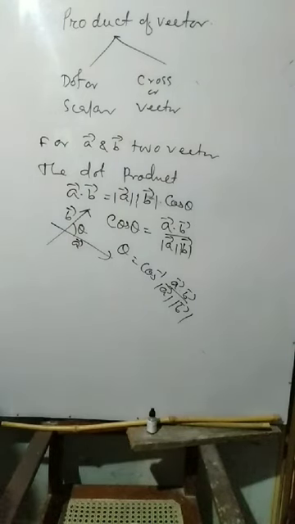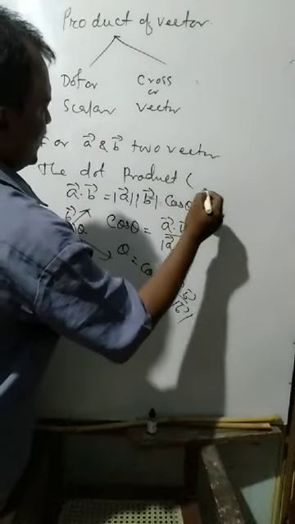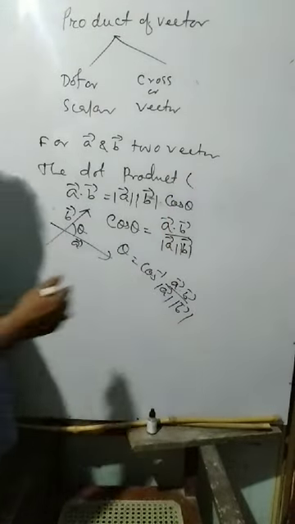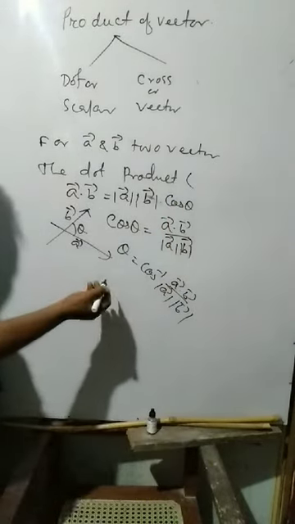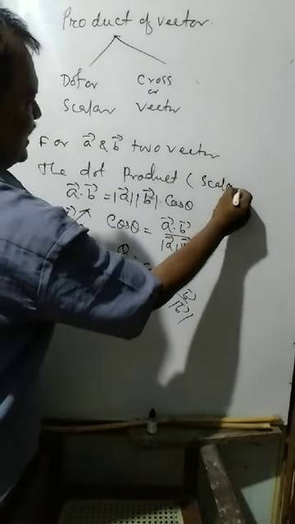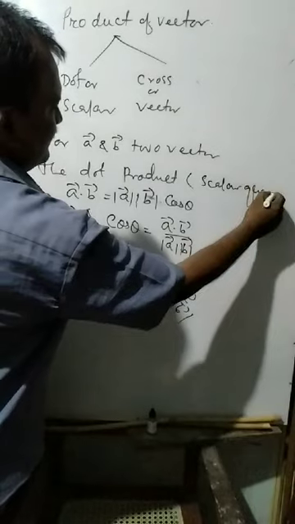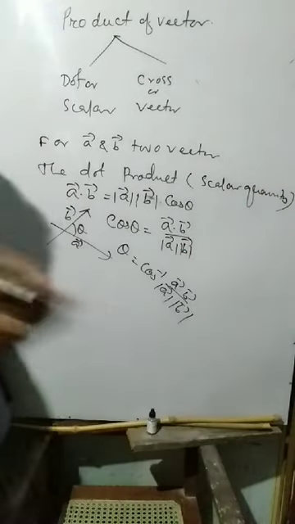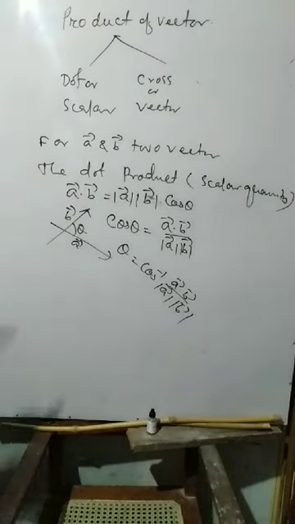Why is it said to be a dot product or scalar product? After multiplication we will get a scalar quantity. How do we get this scalar quantity? This is the formula.